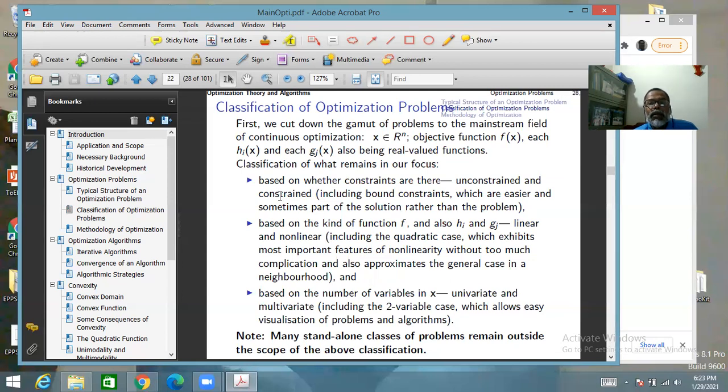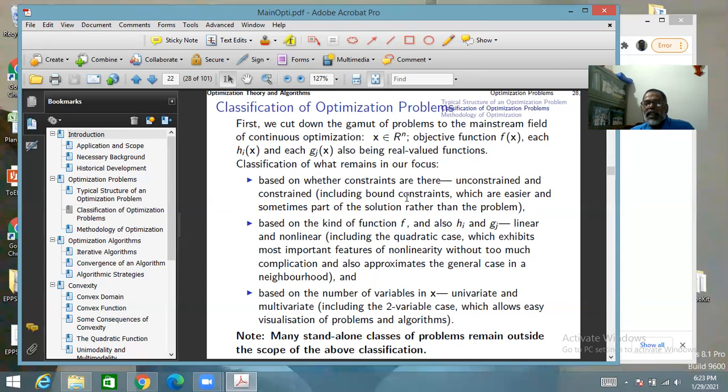Now, between completely unconstrained and constrained with non-trivial constraints, there is a sort of boundary area in which you have constraints, but they are only bound constraints. And bound constraints, that is, for example, x1 is between 3 to 5, x2 is from -5 to 7, or whatever.